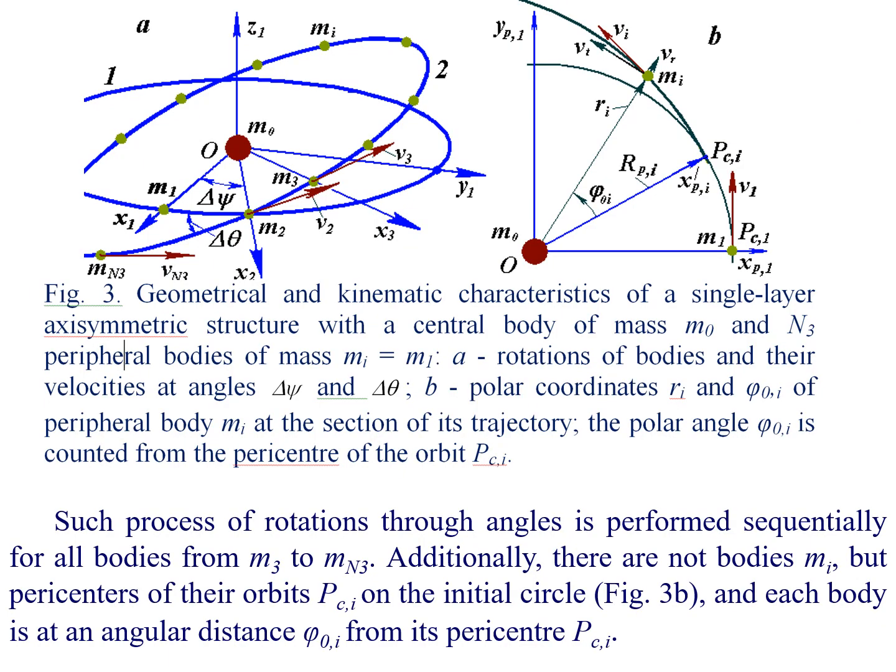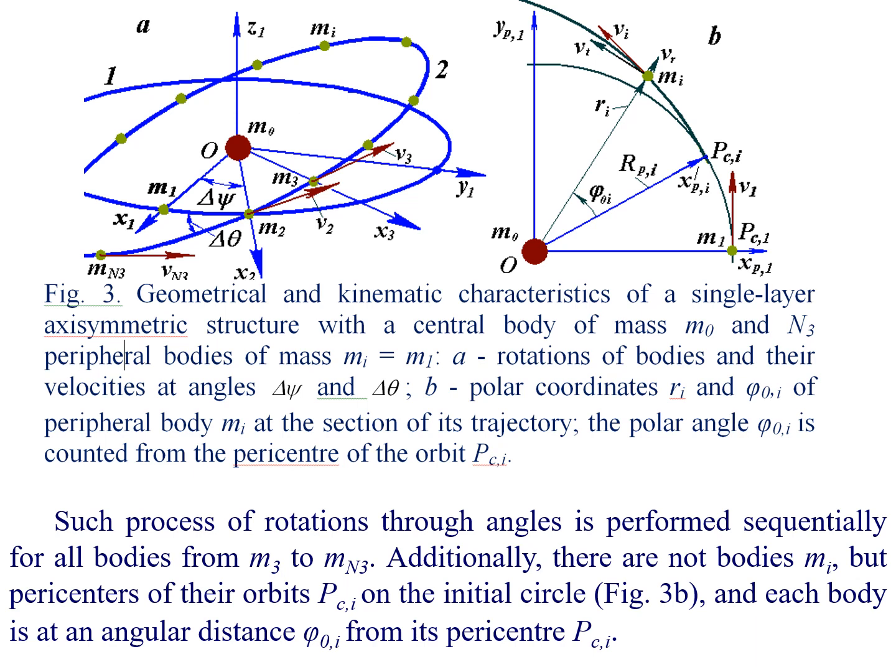Then the body m2, together with the other bodies m3, m4 and so on, rotates in the x1 y1 plane at an angle delta psi from the first body.